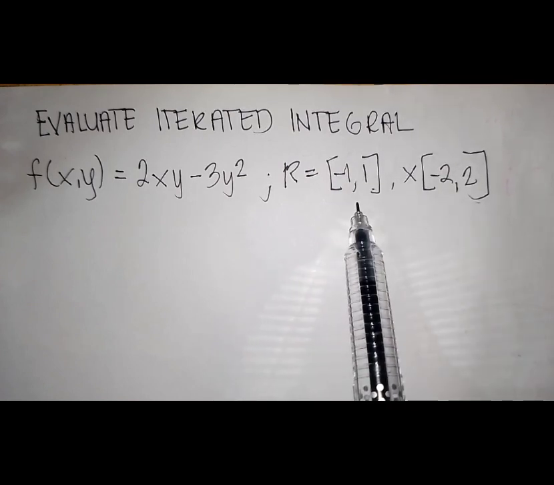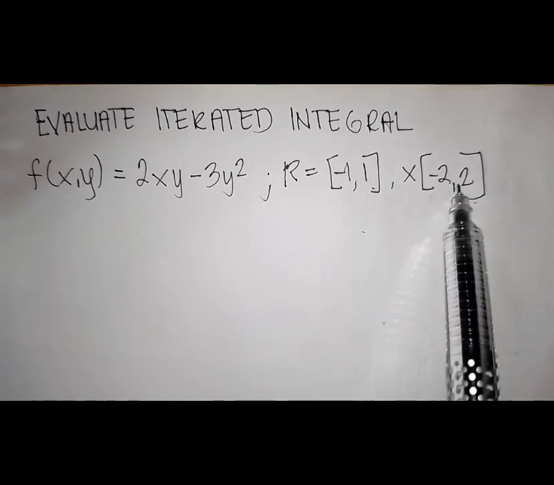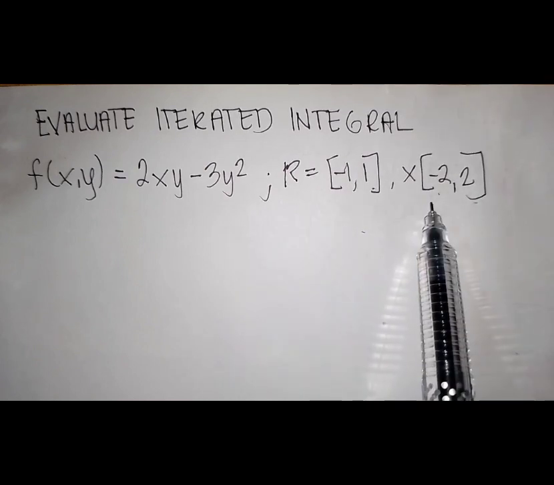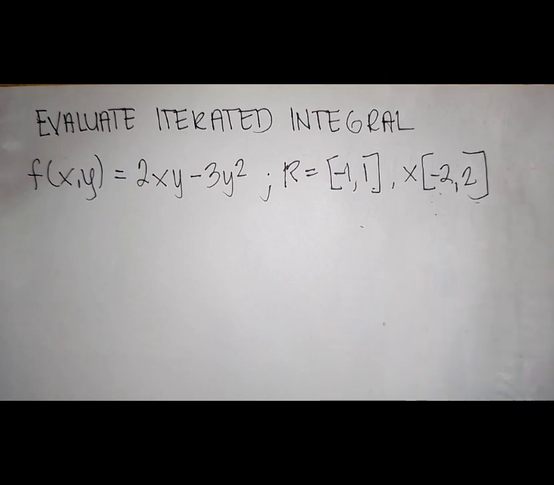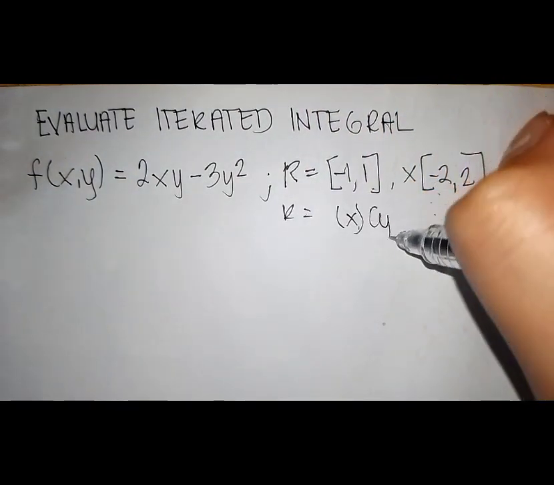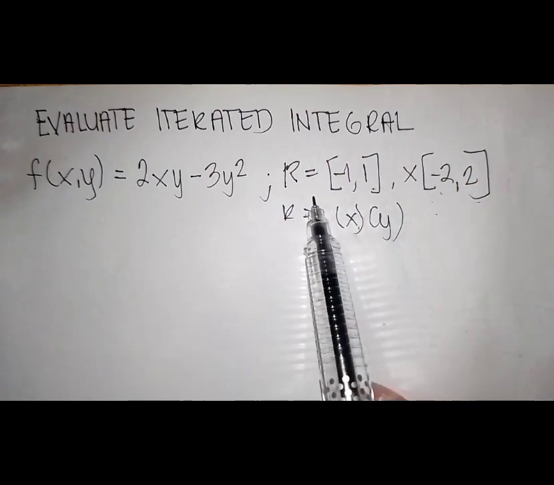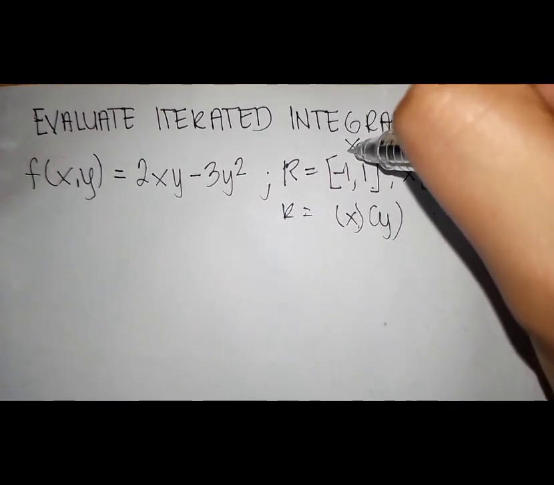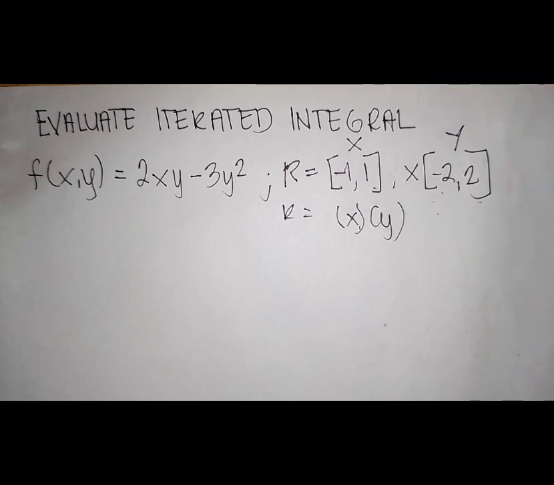Keep in mind that R is basically x times y. The first set of coordinates is always your x coordinates and the second is your y coordinates.